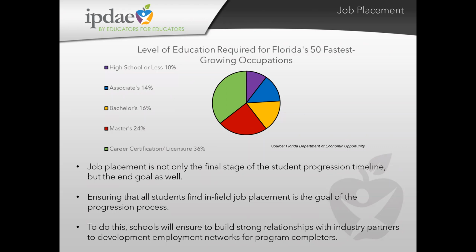Do they have good entrepreneurial skills? Are they good critical thinkers and problem solvers? And are they good marketers? This is just some of the input that we receive from the industry hiring partners in career and technical education advisory committee meetings. So in order for us to facilitate job placement, we have to ensure that along the way, and this is something that begins with adult education, students are learning these skills and learning how to apply them in the field.